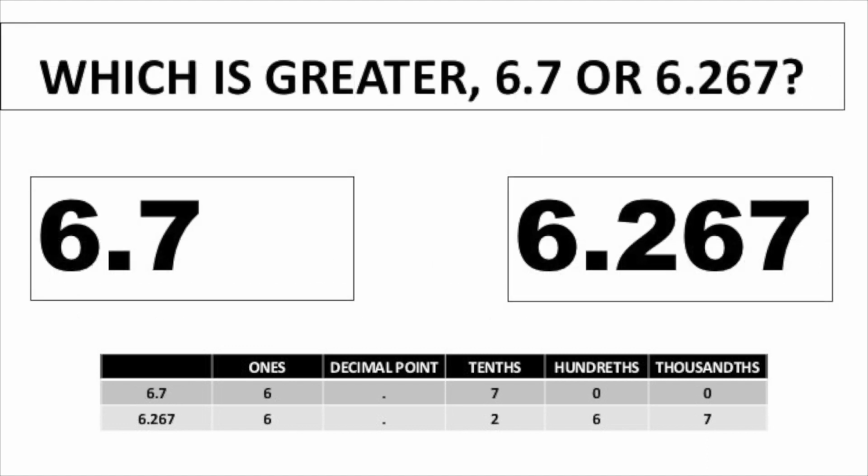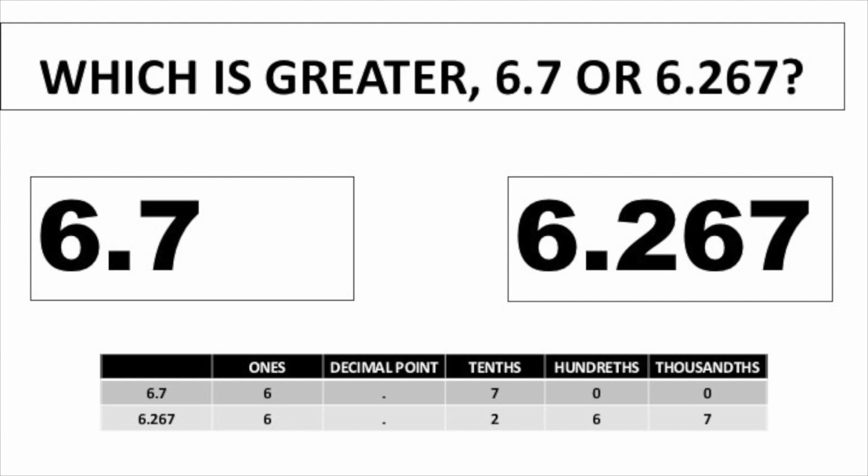Which is greater, 6.7 or 6.267? So remember, first of all, the whole number 6 and the whole number 6. So at the moment, equal to. But then we move on to the decimal tenths.